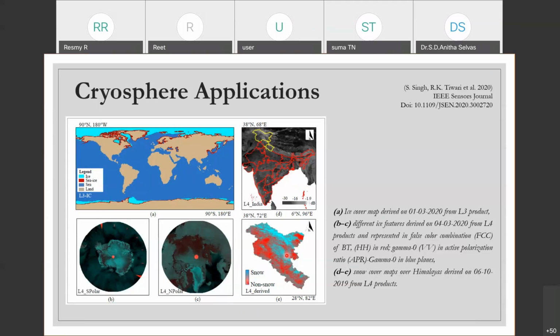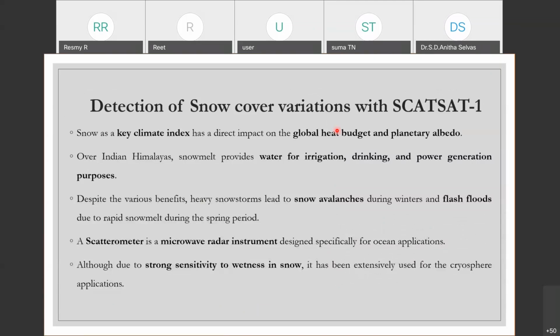But if the snow cover is present during the daytime itself, it reflects most of the incoming solar radiation. The snow reflects around 95 to 99% of the incoming solar radiation, depending upon the type of snow. Type of snow means age of snow.